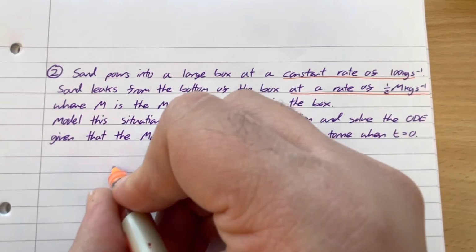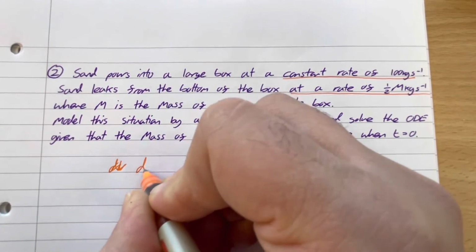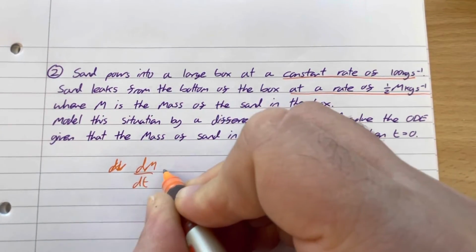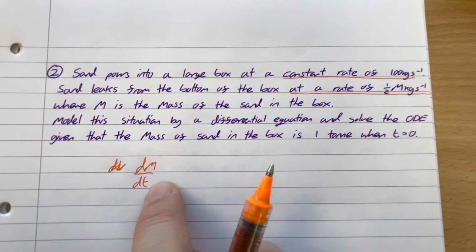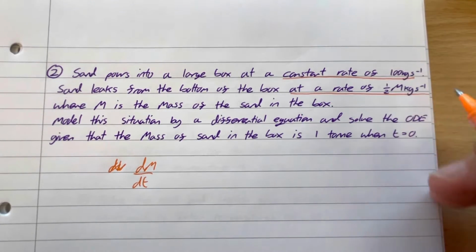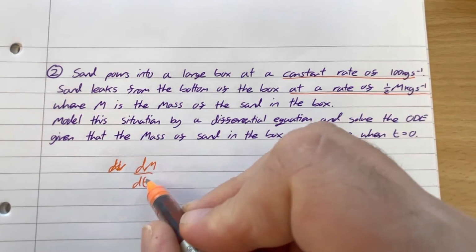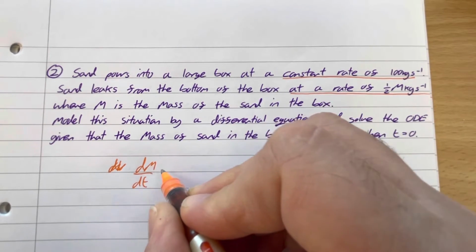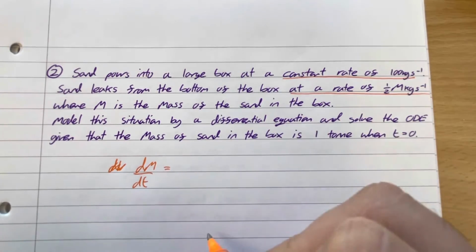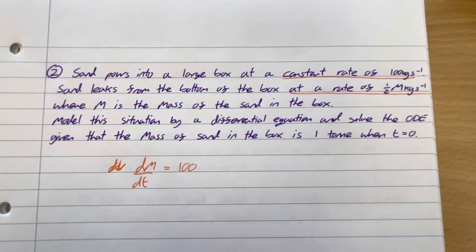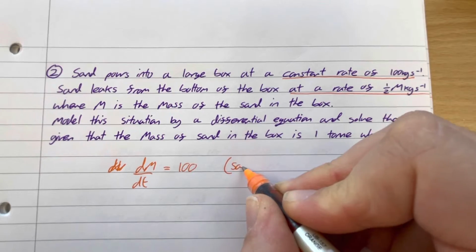So dm by dt. And I know it's dm by dt because it's mass over time, and we can see the units here. Kilograms is mass and seconds is time. So it's dm by dt. That is going to be 100. Okay, so that's the sand pouring in.